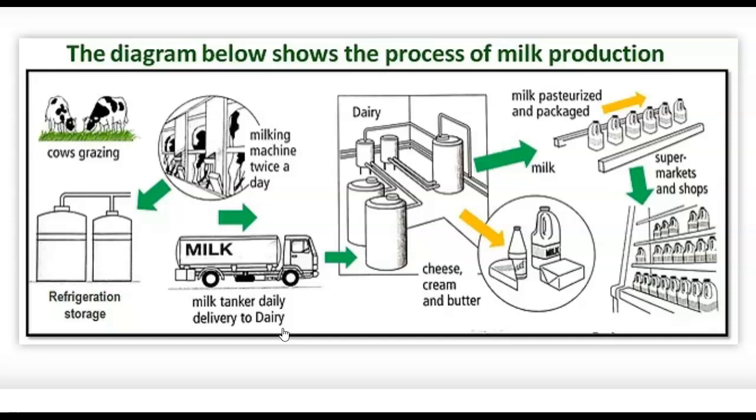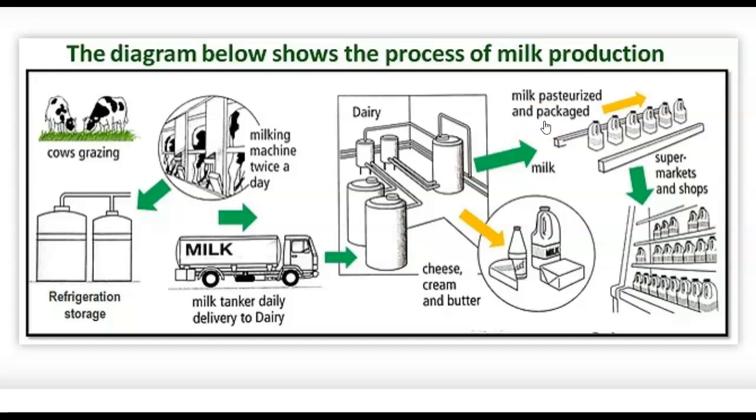All right. Now, here's where you could use that word that I like so much, which is undergo. The milk then undergoes processes which create either cheese, cream, and butter, or milk. The milk is then pasteurized and packaged. So again, I'm not creating any new words.